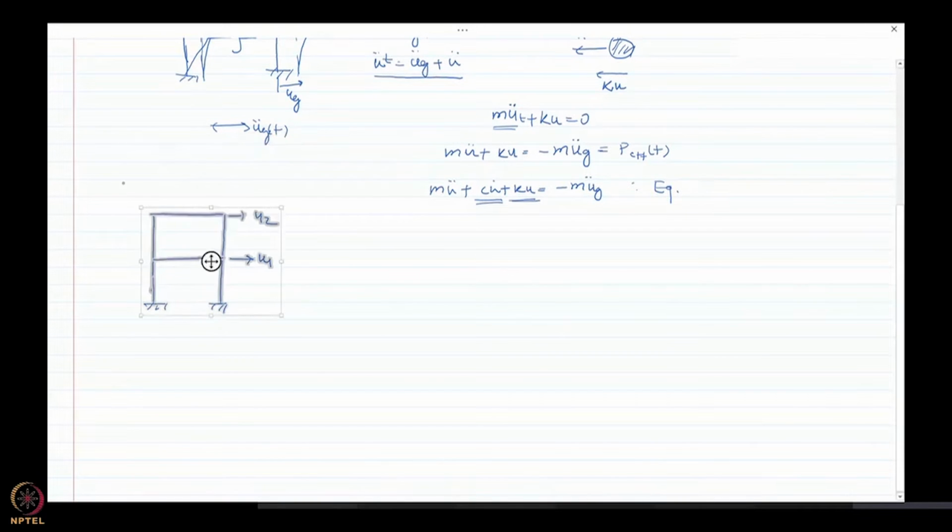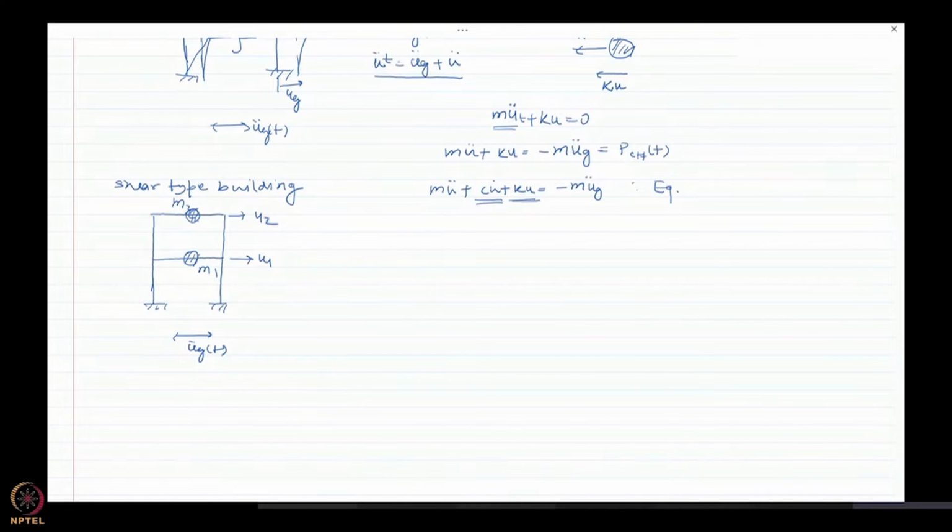So this is a shear type building. Now let us say masses are again concentrated here. This is m1 and this is m2. And you can again have forces, ground motion, ground acceleration u_g double dot applied like this.